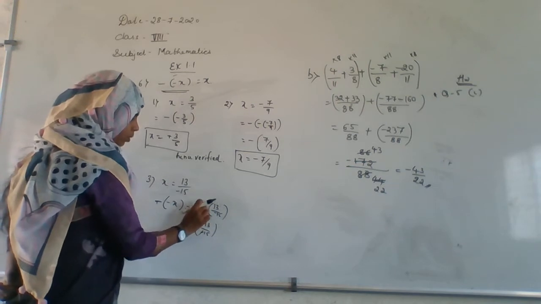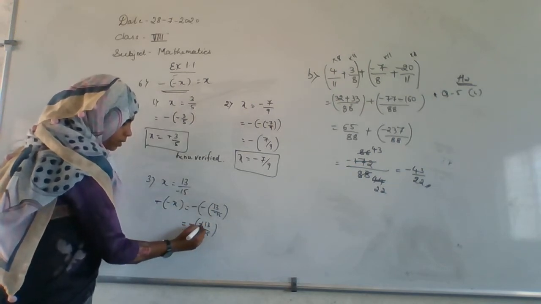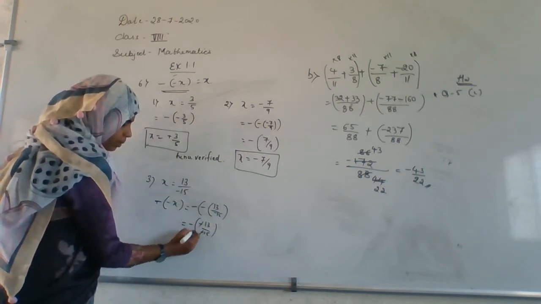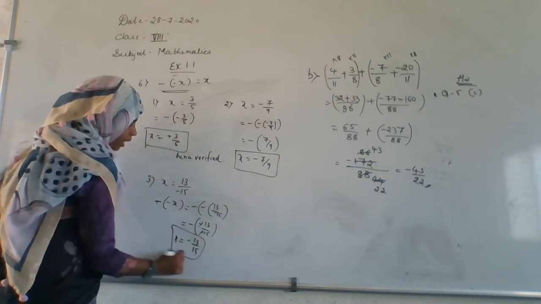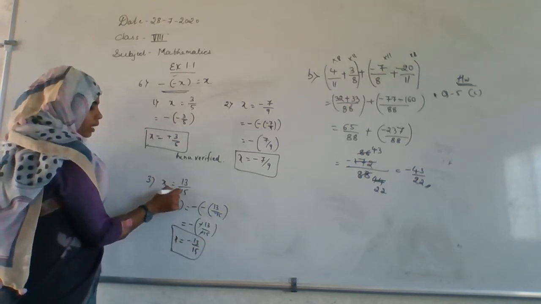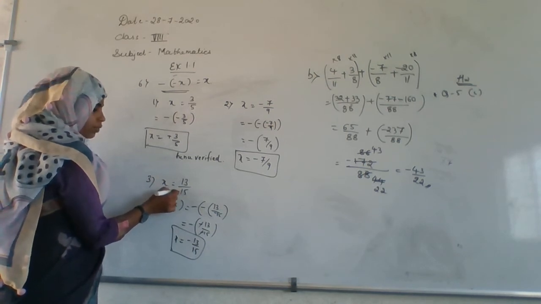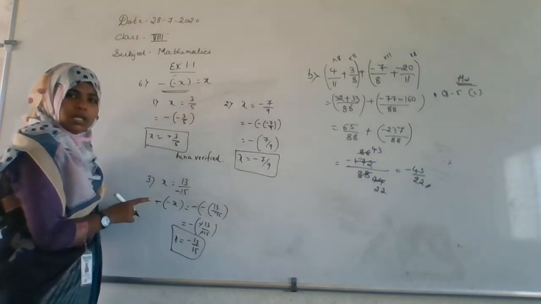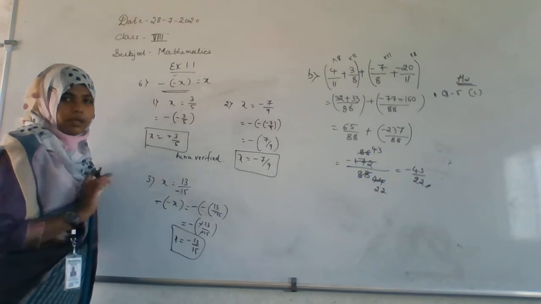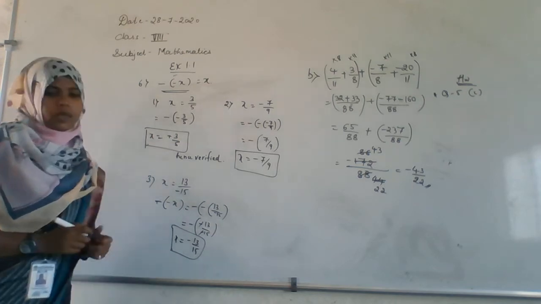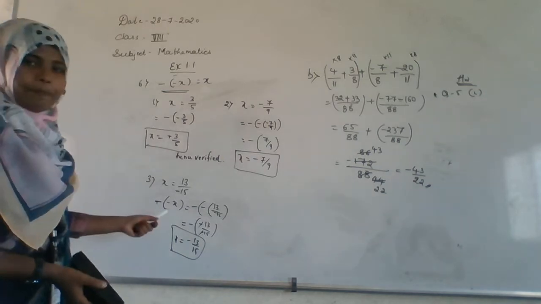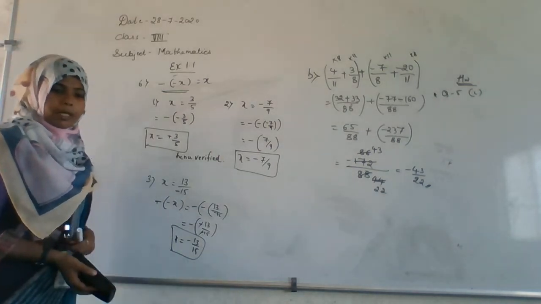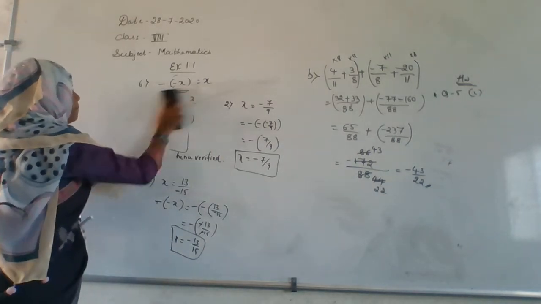So the minus cancels, and we remain with minus 13 divided by 15, which is also x, because although there is a negative sign in the denominator, we still read it as minus 13 divided by 15. Okay, noted down this. Next.